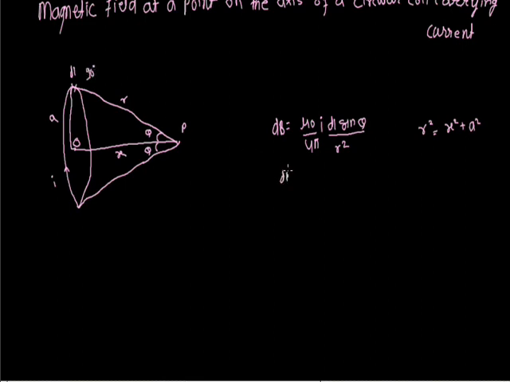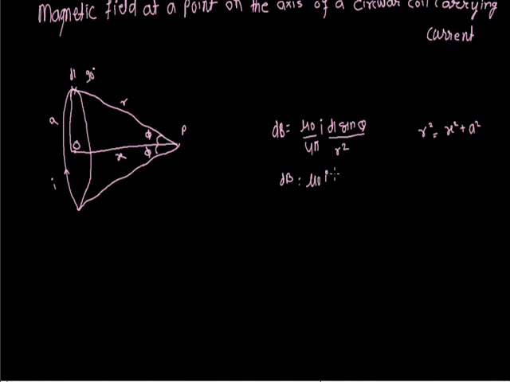So dB equals mu naught I dl upon 4 pi r square. The direction of the magnetic field is this direction.